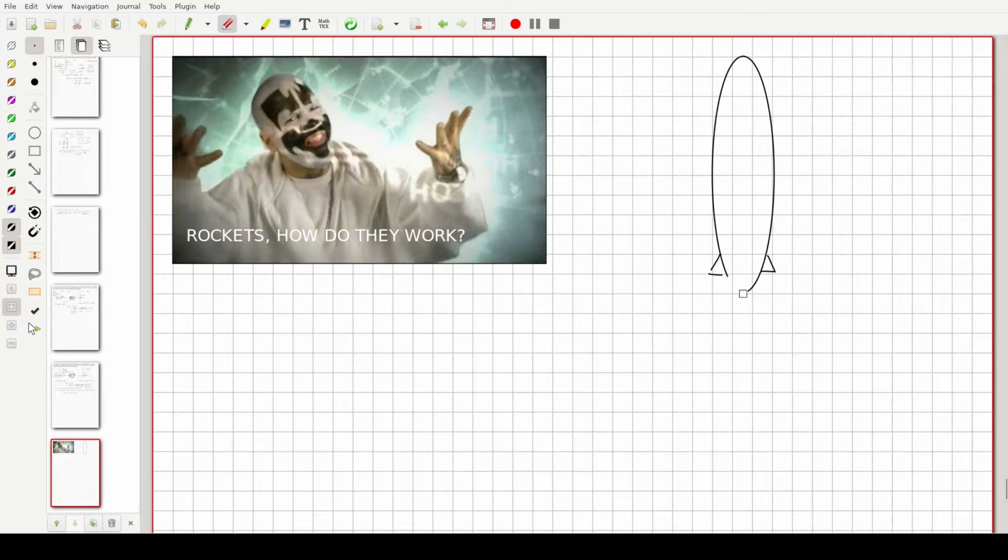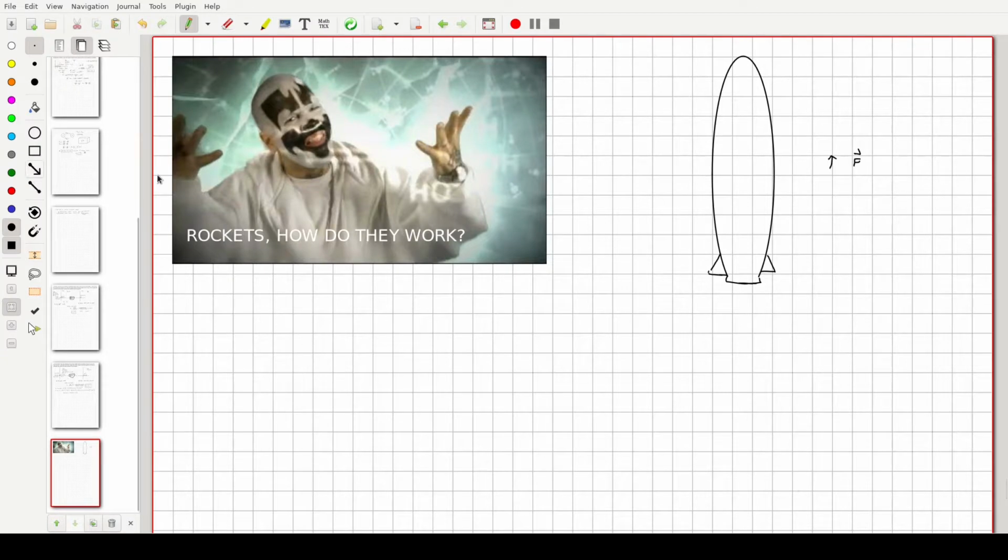So, if you think about how a rocket acts whenever it takes off, you see this thing obviously fly upwards. So you would think there's some sort of force propelling this thing upwards in order to make it lift off the ground. And so, where's the force coming from?